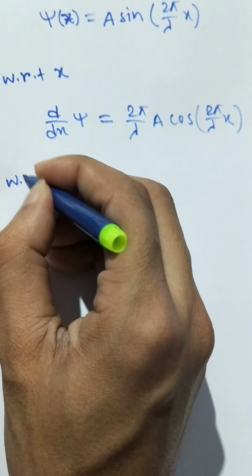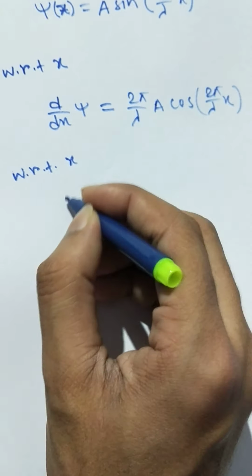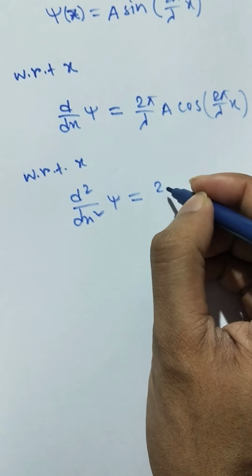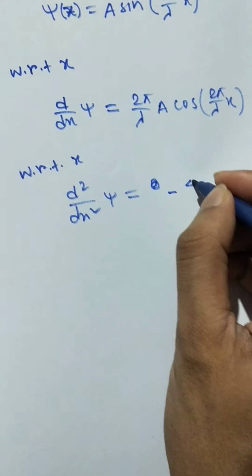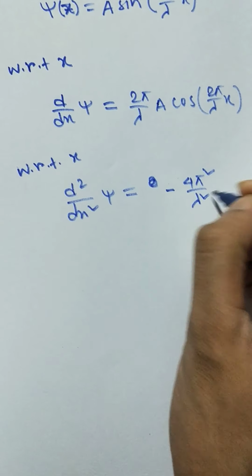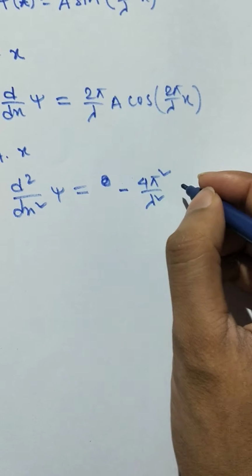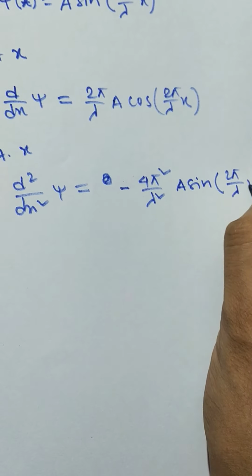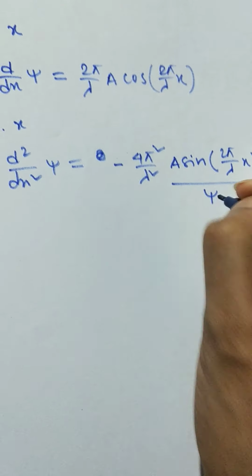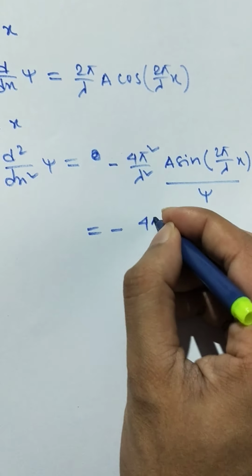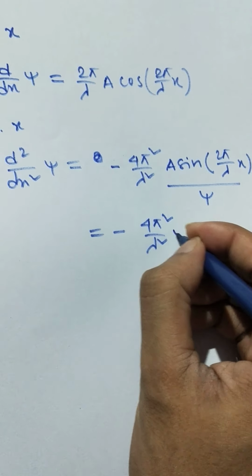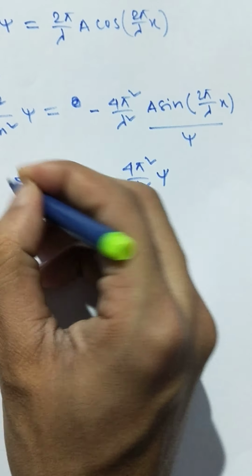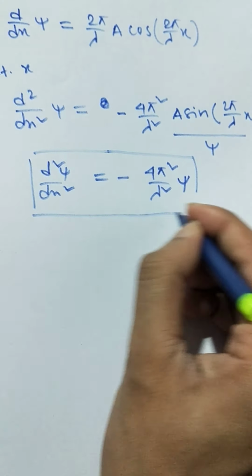Again we differentiate with respect to x, then we get minus 4 pi square by lambda square into A sine 2 pi by lambda into x. This equals psi, so we get minus this into psi. So we get this.